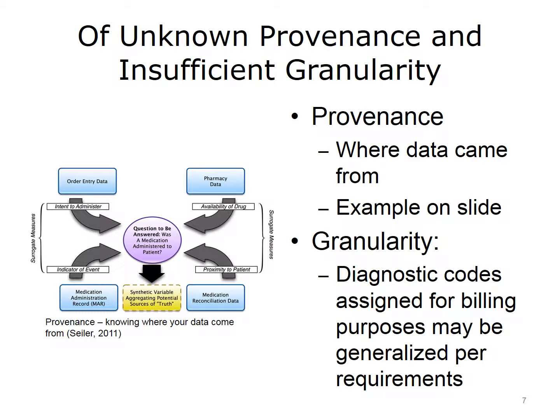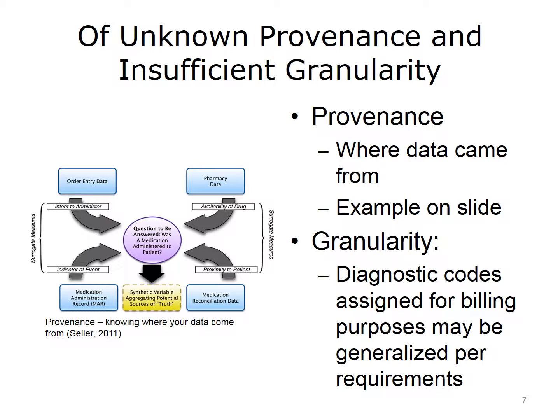One challenge for clinical data is that we may not know the provenance of the data. In other words, where the data came from. For example, the figure in this slide looks at data used to answer the question of whether a medication was administered to a patient. There may be a number of places in the record where that data exists. For example, when the clinician does order entry with an intent to administer.